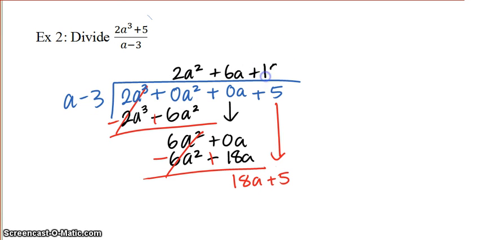That's a positive 18. So 18 times a is 18a. And 18 times a negative 3 is a positive 54. Got to change the sign, so negative, negative. So therefore that cancels. And then 5 minus 54.